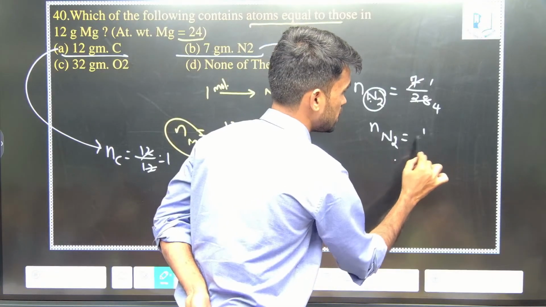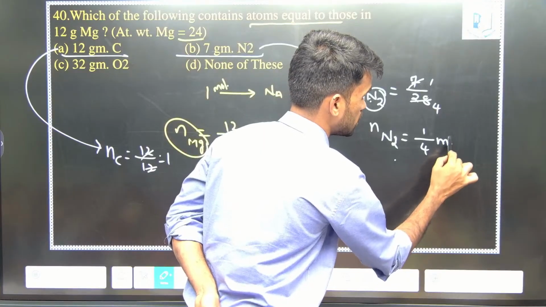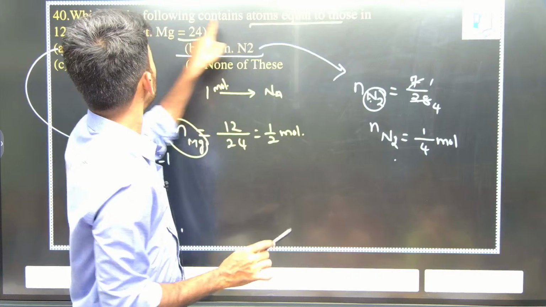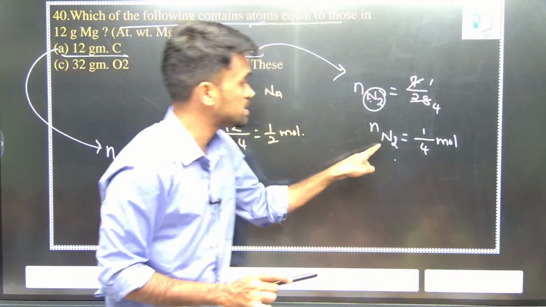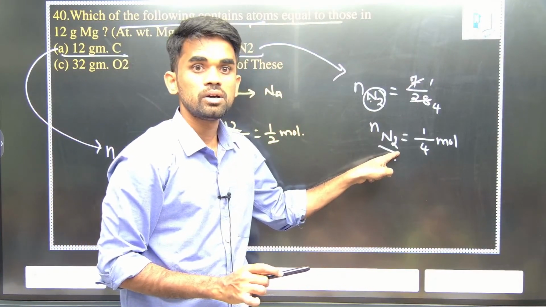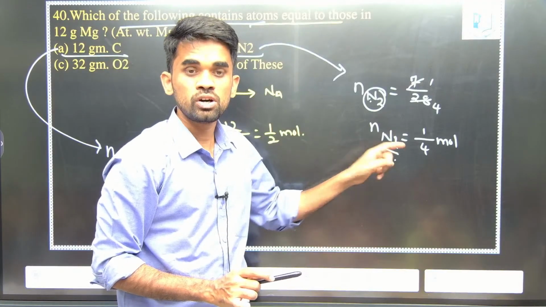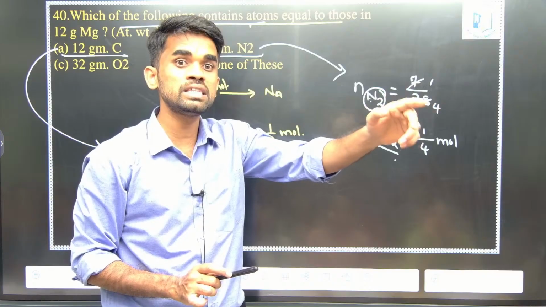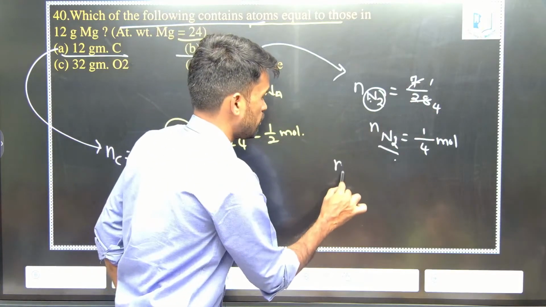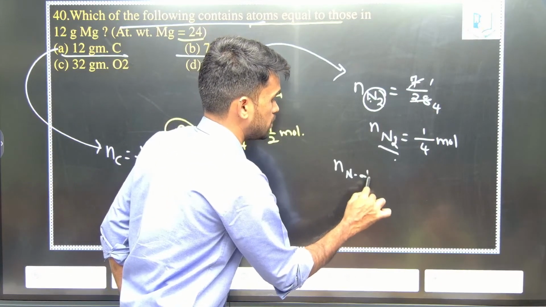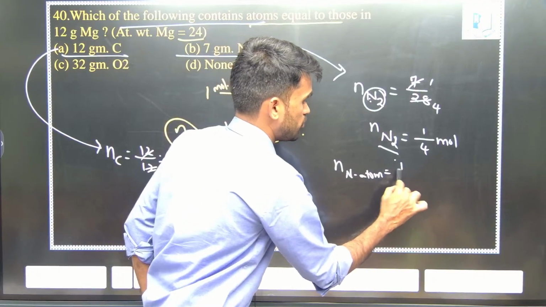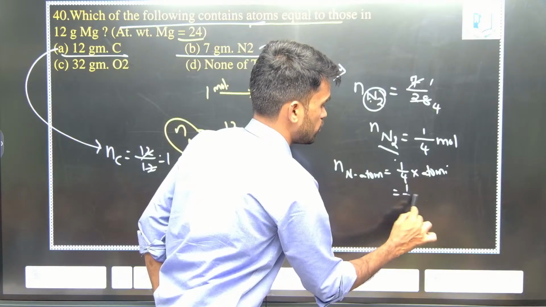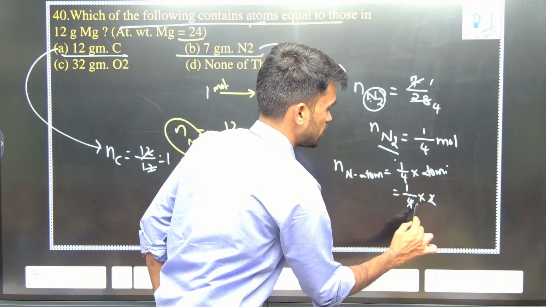We got 1 by 4 mole, but they are asking about atoms. What is this? Molecule. So to convert molecule to atom, multiply with atomicity. So the number of moles of nitrogen atoms equals the number of moles into its atomicity. So 1 by 4 into 2. So it will be 1 by 2.